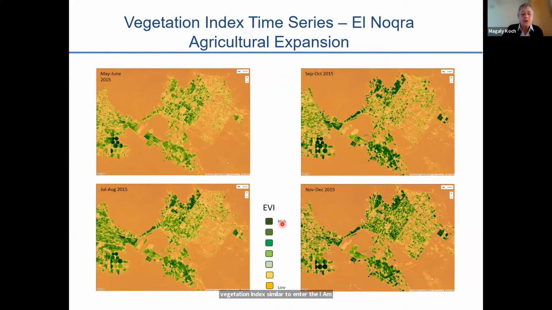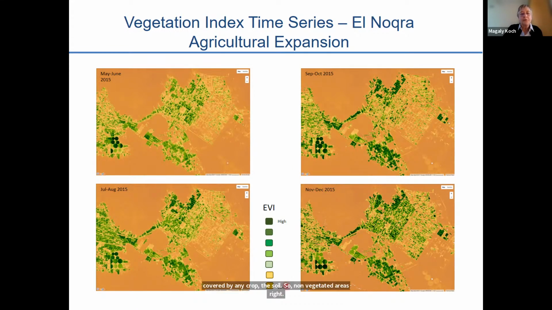And the dark green means that particular field is covered by a dense crop canopy. It is at the peak of its growing season, right? And if it's low, it means that field is not covered by any crop. It's showing soil, so non-vegetated areas, right?